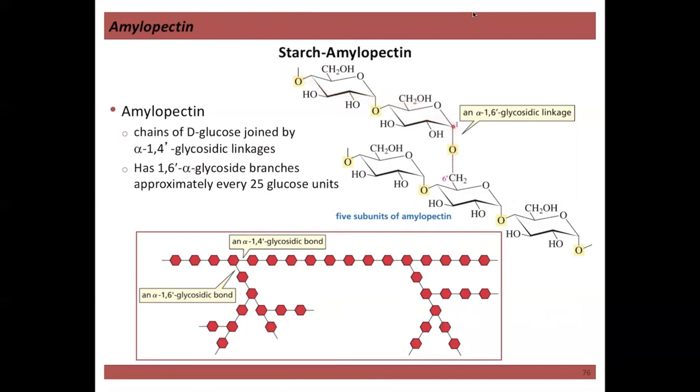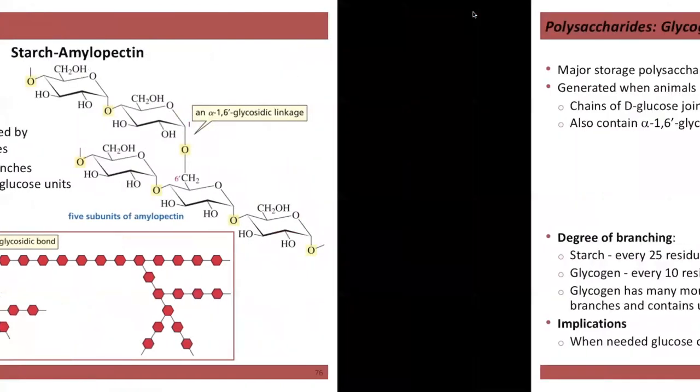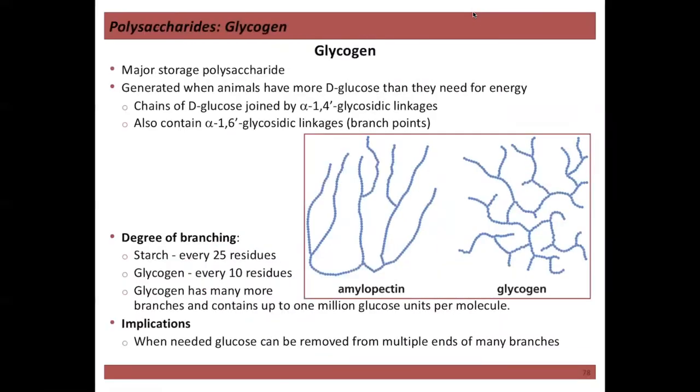And so this is an alpha 1,6 linkage. And so what it does is it branches there off the chain. And so you end up with a very long chain that actually has branches. And so starch is actually composed of a linear component and a branched component. And we'll talk about why branching is important a little bit later. Oh, never mind, actually right now.